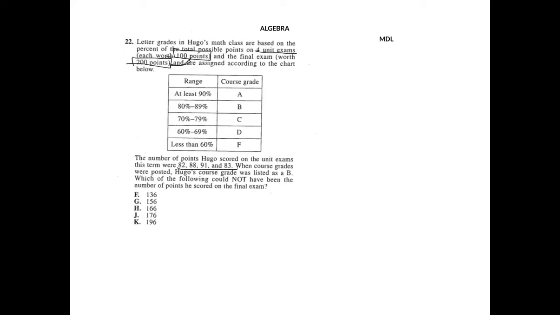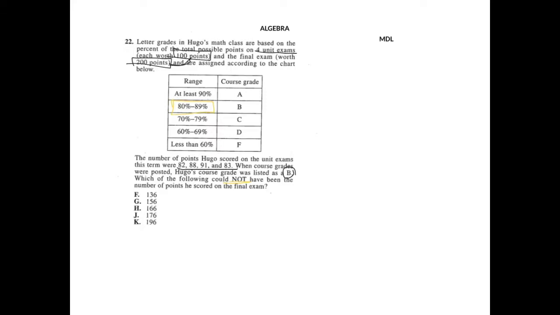When course grades are posted, Hugo's course grade was listed as a B, so his grade is going to be within this range. Which of the following could not have been the number of points he scored on the final exam?